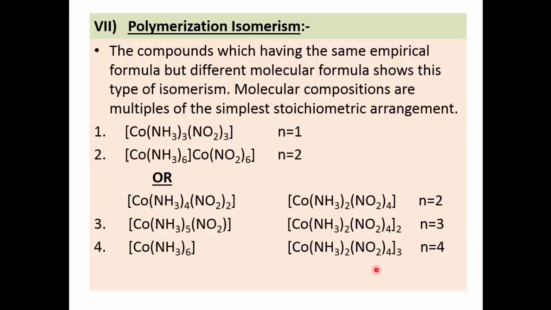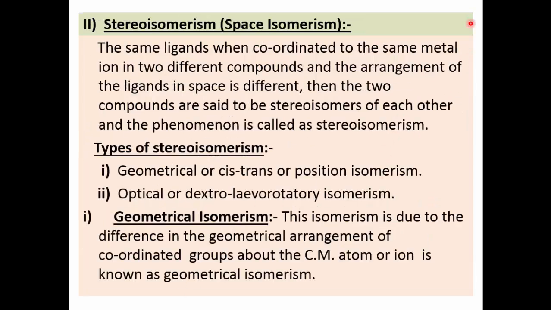So these are 2. 2 into 3, 6. 6 and 6, it becomes 12. Similarly, NO2 4. 4 into 3, 12. In this way, here the number of metal ion as well as ligand, it is multiple in next isomer. Such type of isomerism is called as polymerization isomerism.